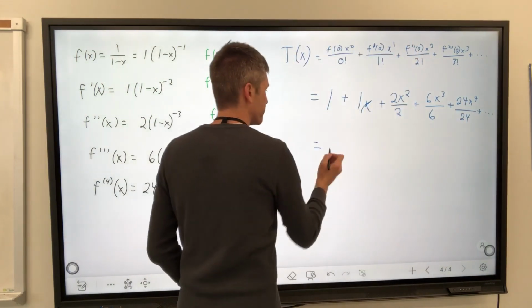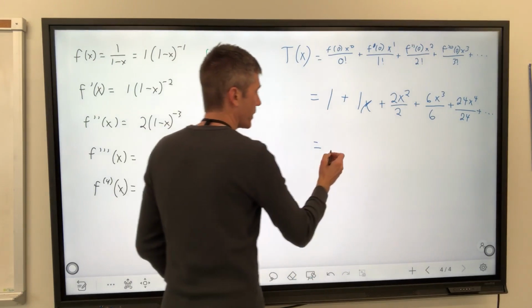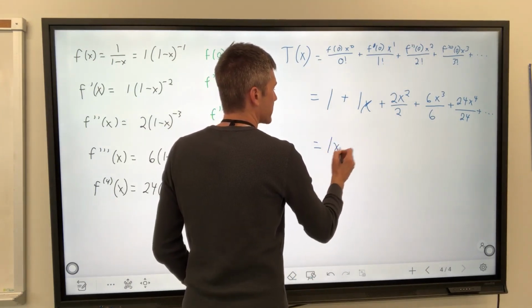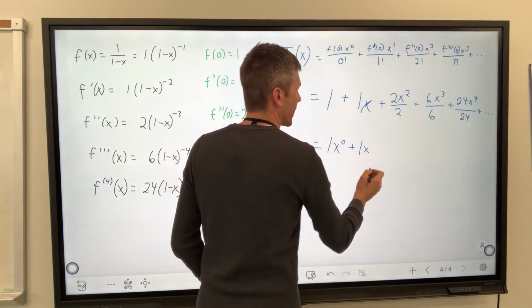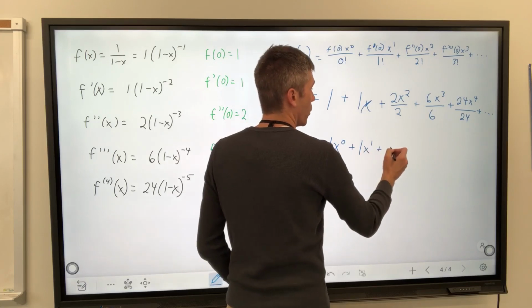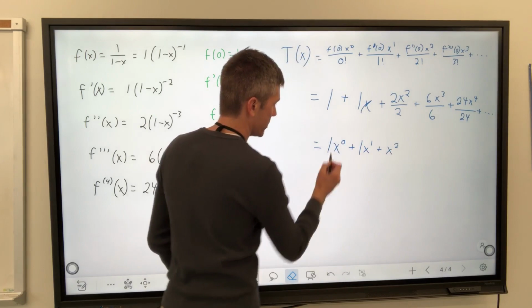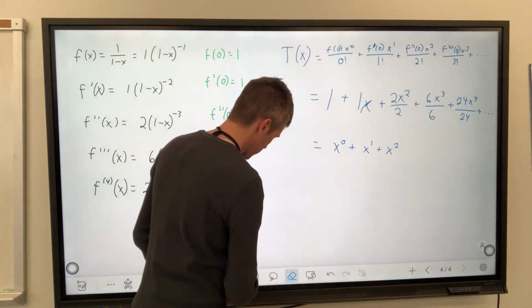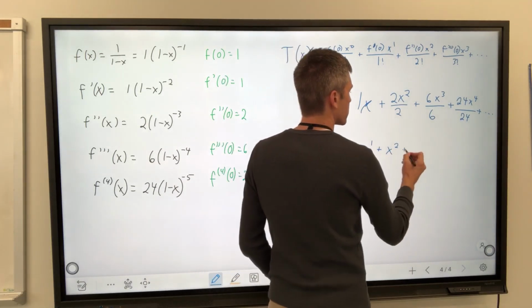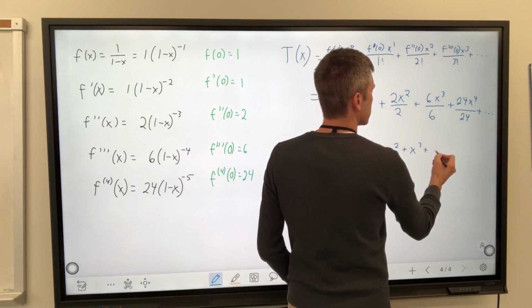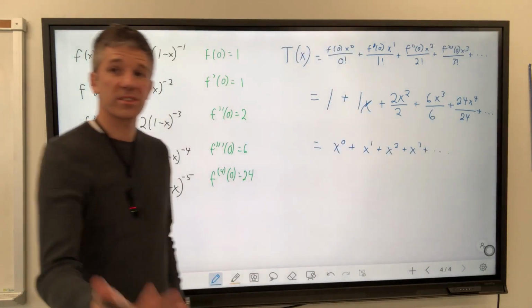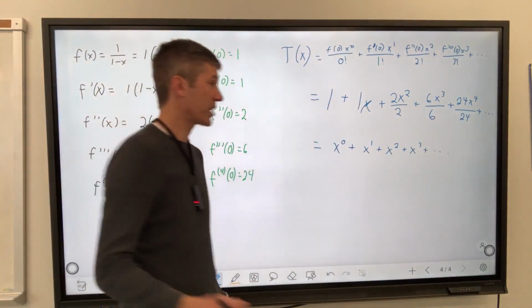Okay, beautiful. 1 x to the 0 plus 1 x to the 1 plus 1 x to the 2. Let's quit putting the 1s. Let's not put any 1s ever. There we go. Plus x to the 3 plus, you get my point. What's the general term? Clearly no fraction.